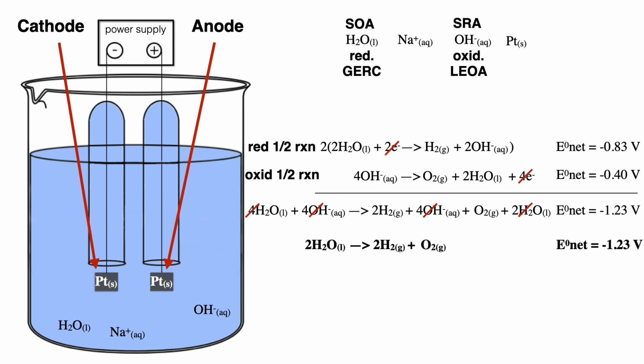So my net reaction is 2 waters form 2H2 and O2. In other words, I have just split water into its elements, hydrogen and oxygen. And notice that this is called the electrolysis of water.